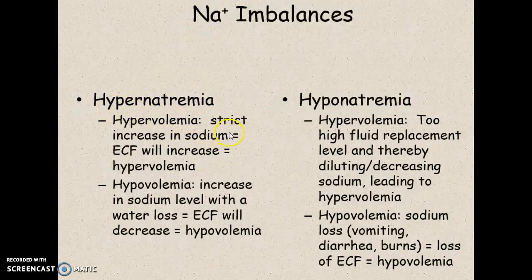With hypernatremia, it's a strict increase in sodium, and so the extracellular fluid will increase. That gives you hypervolemia. You can develop hypovolemia with an increase in sodium level along with a loss of water. And so then the extracellular fluid will decrease and you can have hypovolemia.